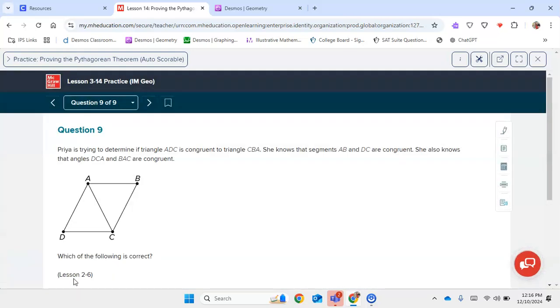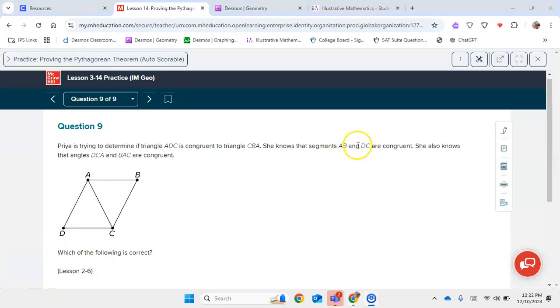Question 9. Priya is trying to determine if triangle ADC is congruent to triangle CBA. She knows segments AB and DC are congruent. She also knows that angles DCA and BAC are congruent. Segment AB and DC are congruent?